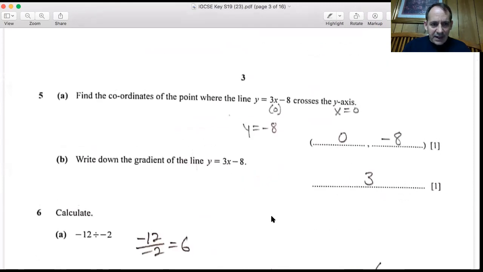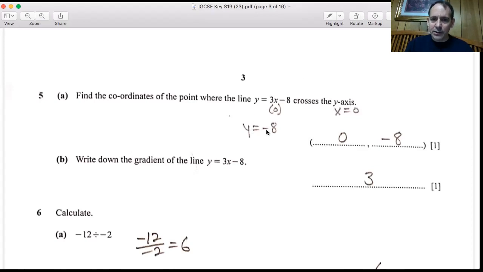Number 5, find the coordinates of the point where the line y equals 3x minus 8 crosses the y-axis. The key here is when you cross an axis. When you cross the y-axis, your x value is 0 because the y-axis is on the x equals 0. And if you were crossing the x-axis, then your y would be 0. So since here it's crossing the y-axis, your x value is 0.